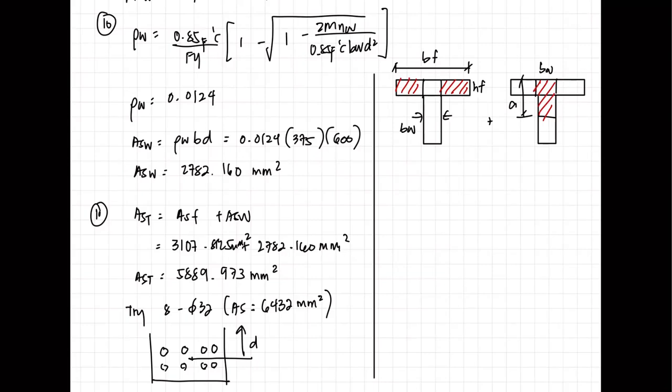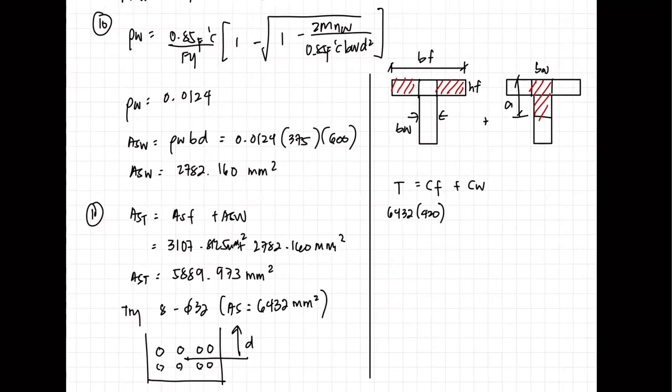So, pwedeng yung total reinforcement natin is equal sa CF plus CW. So, that is ASFY. So, 6432 times 420 equals 0.85, 21, 1350 minus 375 times yung height ng flange na 75, okay?